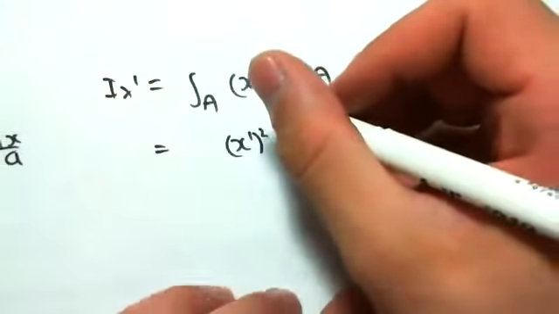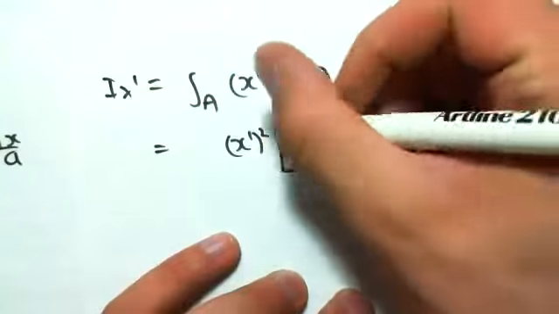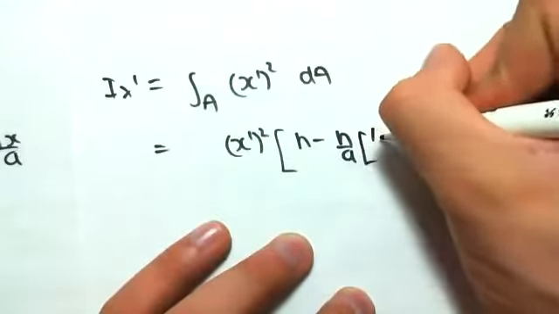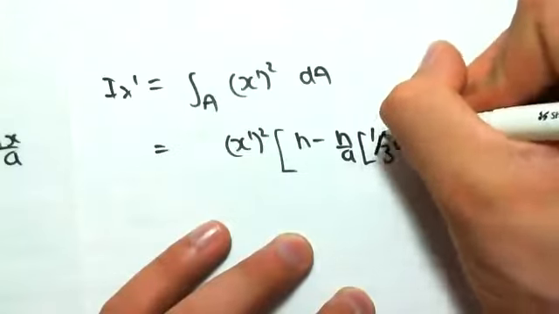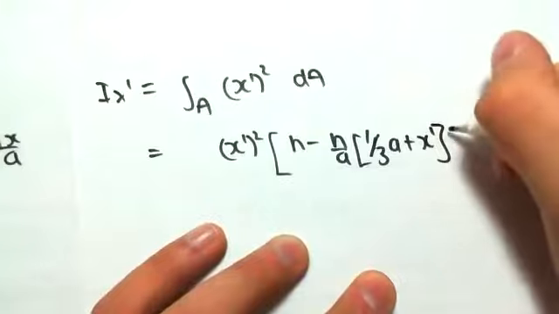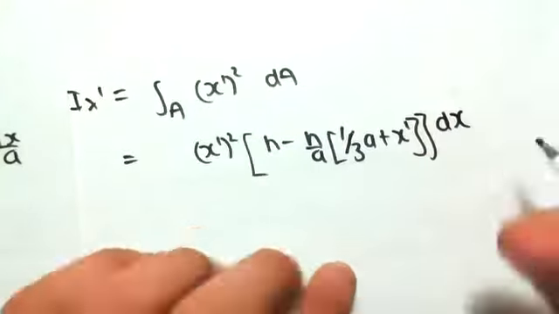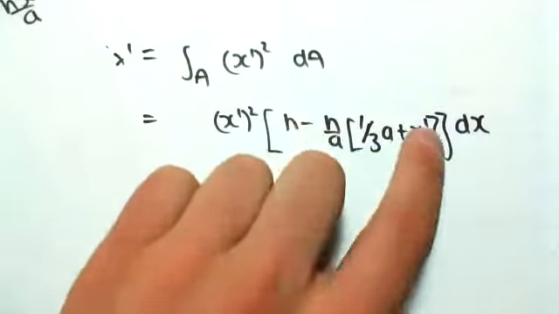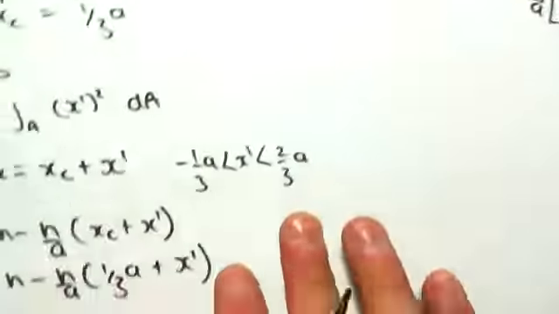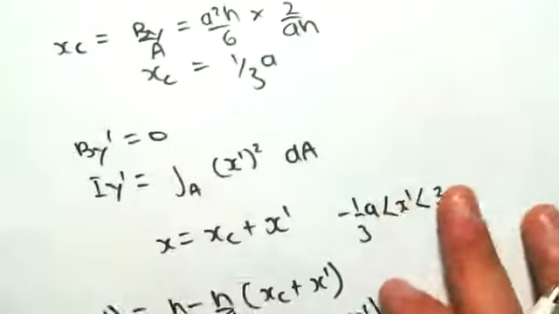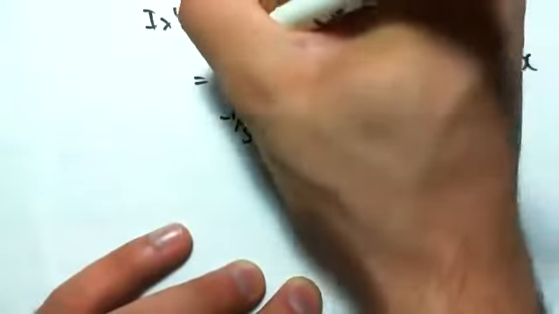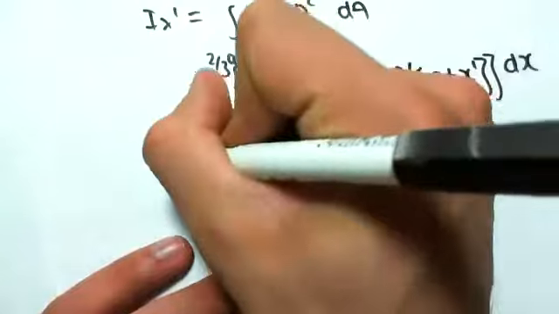So this would be outside of h minus h on a, open brackets, 1/3 of a plus x dash. This is by dx, so this is now essentially dA by x dash squared, and the area is going to be between this range here, so minus 1/3 a, 2/3 a.